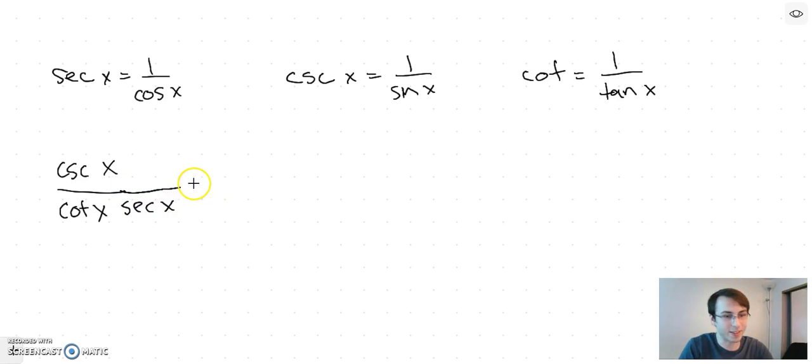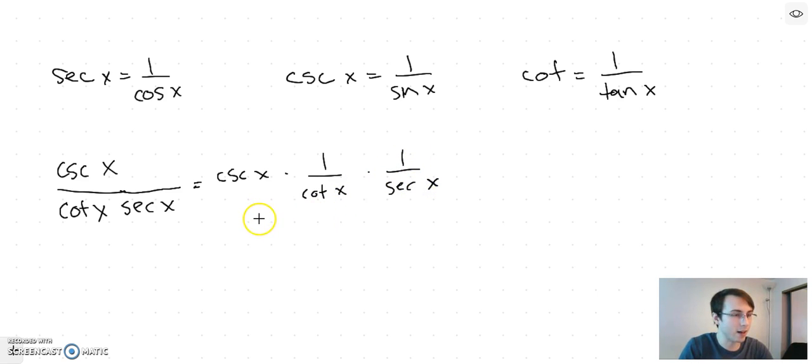I think it's easiest just to convert everything into sines and cosines. So we can write this as cosecant x times 1 over cotangent x times 1 over secant of x. Cosecant of x, that's 1 over sine of x. This is tangent of x.